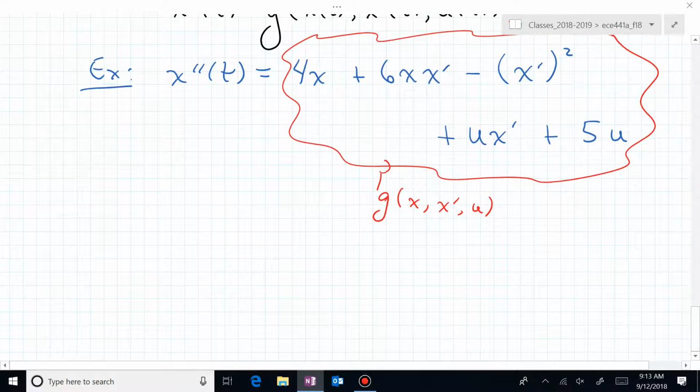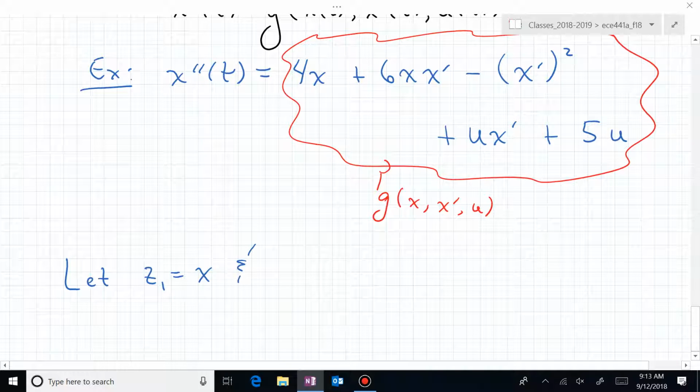To establish that, let's go ahead and define some new variables. Let's let z1 be x. And how many components in the z vector do I need? Do I need a z1, a z2, a z3? How many z subs do I need?